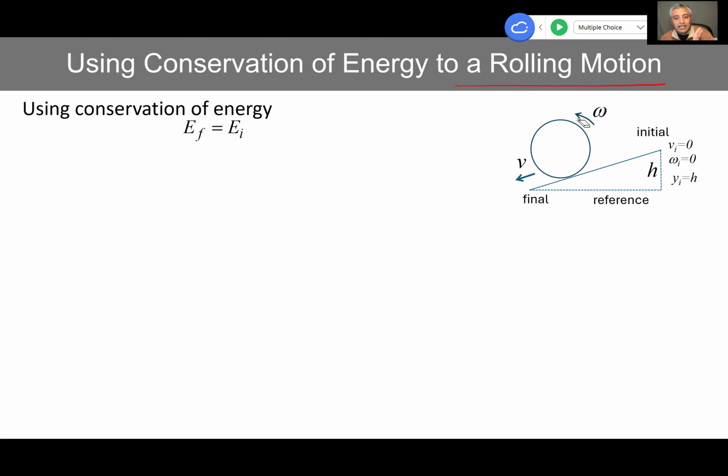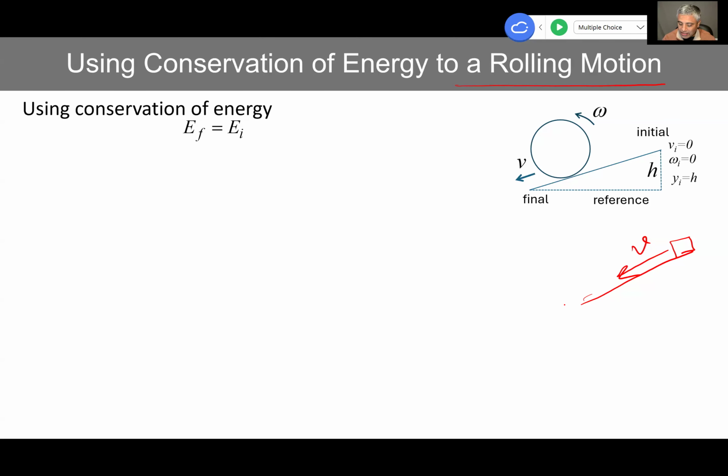And especially our midterm is coming next week, right? So it is scheduled for next week. So it's kind of a review of the energy concept, on how to use energy or conservation of energy to solve any problem. In the past, what we have done for translation is something like this, just sliding here. No rotation, just translation. So that's what we have done in the past.